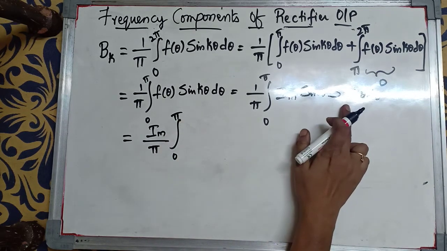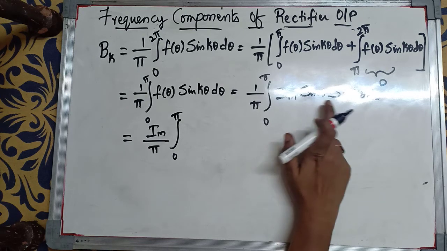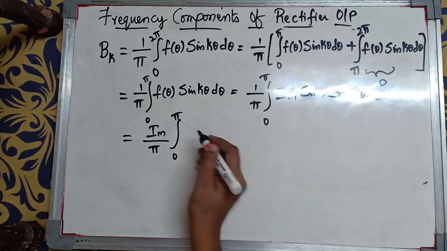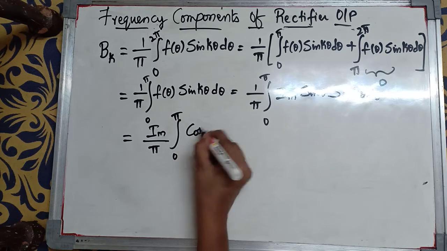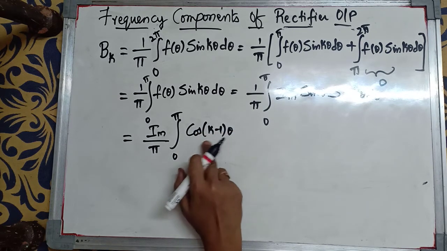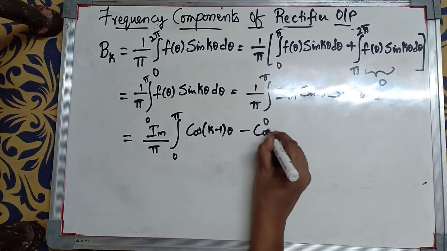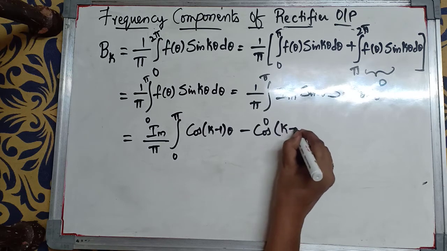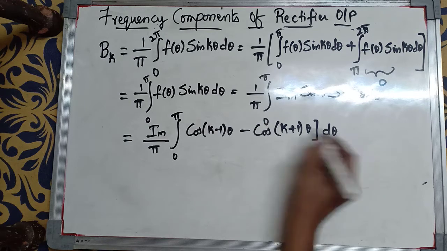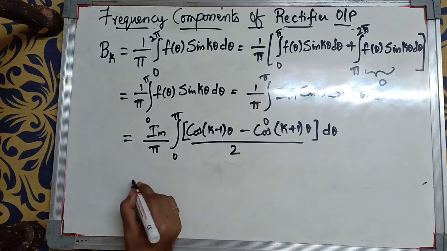Here I can take this as sin A sin B, and sin A sin B can be written as cos of A minus B minus cos of A plus B by 2. So you will get cos of A minus B, that is cos k minus 1 into theta, minus cos of A plus B, k plus 1 into theta, d theta, and we have 2 here.